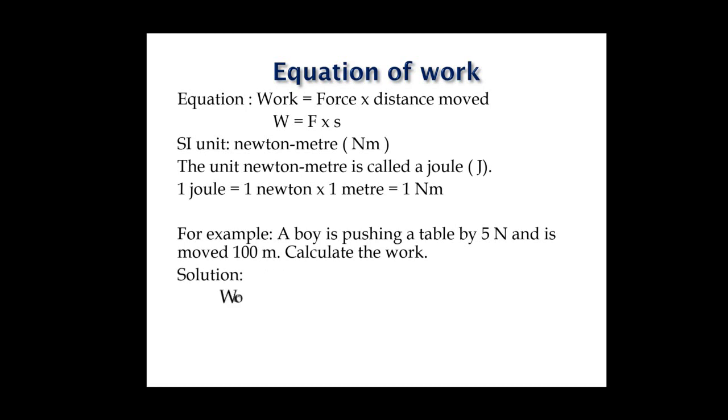Look here. First of all, we have to write the equation: work is equal to force multiplied by distance moved. Now we have to put the values of force and distance.